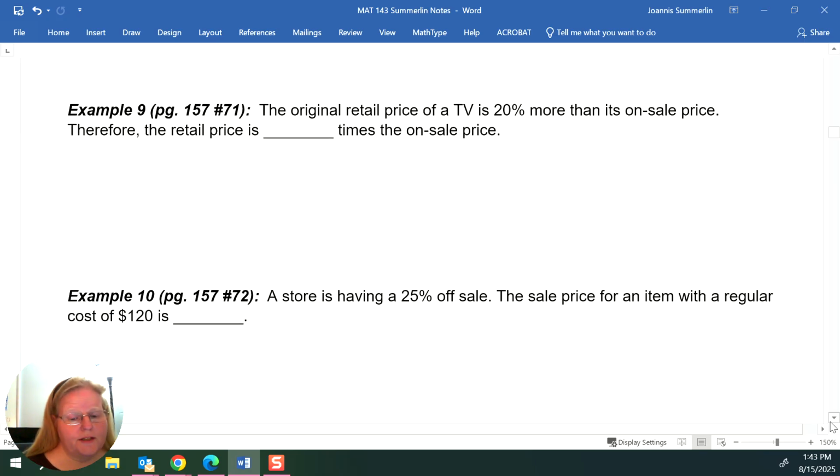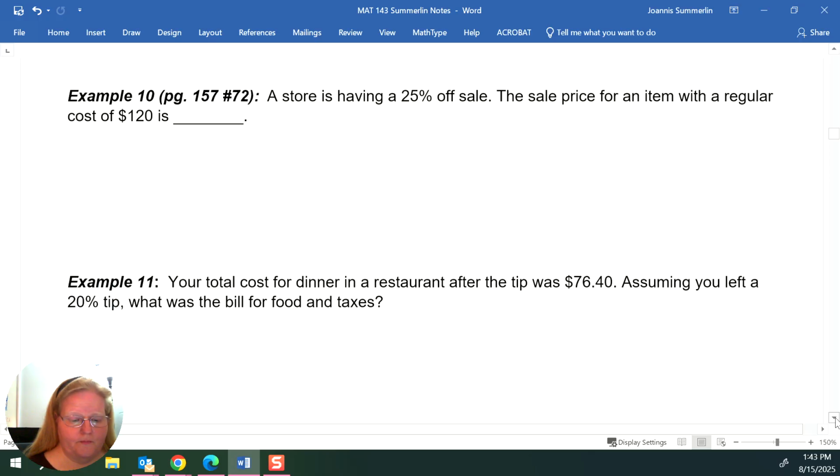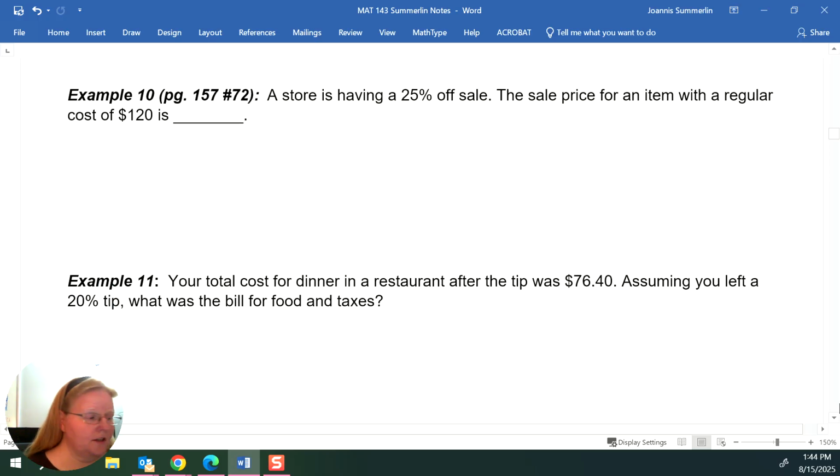The original retail price of a TV is 20% more than its on sale price. Therefore, the retail price is 100 plus 20%. So that's 120% times its sale price. A store is having a 25% off sale.